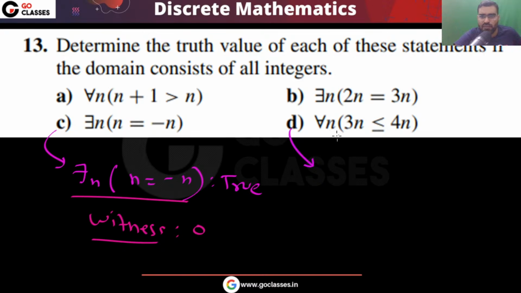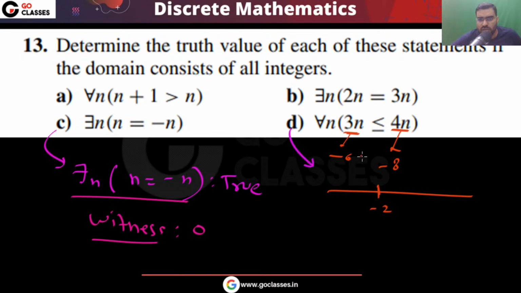This is saying that for every n, 3n is less than 4n. Can I say that for every integer, 3n is less than or equal to 4n? If you take negative numbers, what will happen? If I take n equal to minus 2, then 3n will be minus 6, and 4n will be minus 8.